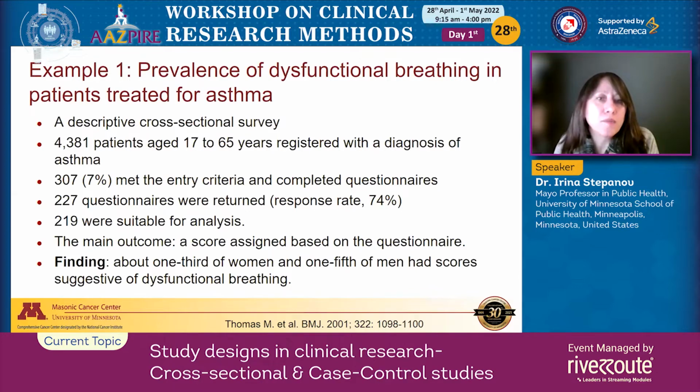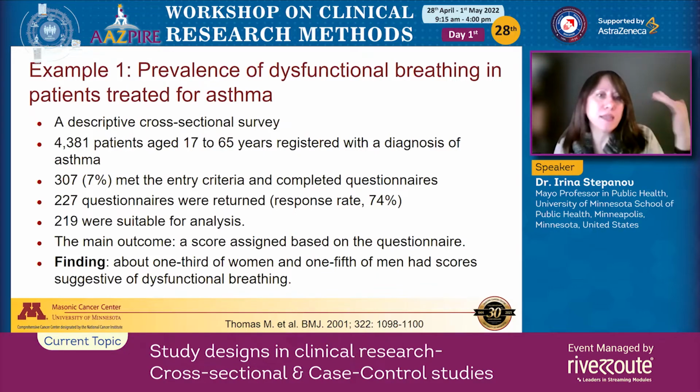Only 227 questionnaires were actually returned. So 307 were asked to complete questionnaires and only 227 returned. But then out of those, only 219 were suitable for analysis. The main outcome in this study was a score calculated based on the answers to the questionnaire.